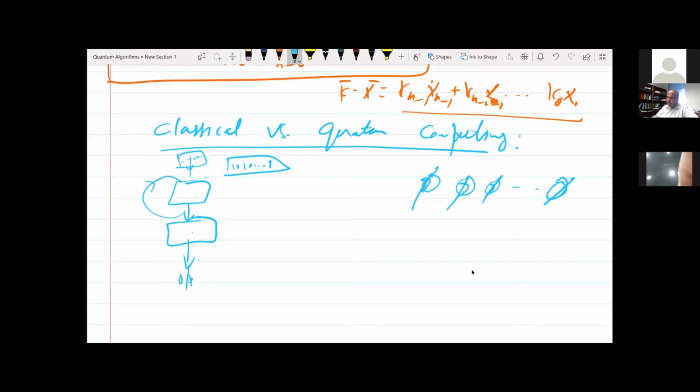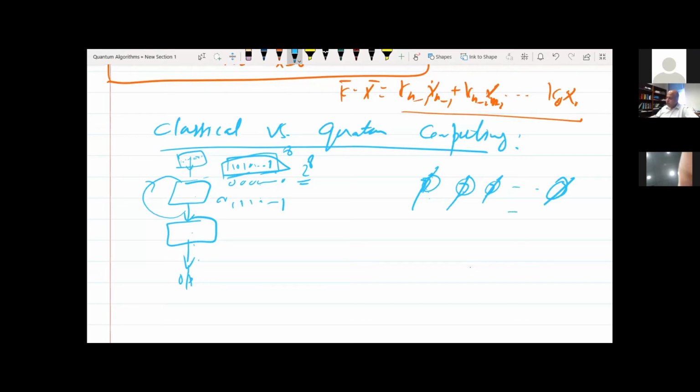While in classical computing, our register has either 0, 0, 0, 0, or it has 1, 1, 1, 1, our quantum register can have a state which is a superposition of these different states. For example, if this is an 8-bit register, there are only 2 to the power 8 possible values that this register can hold, but crucially, at one time, it can only have one value.